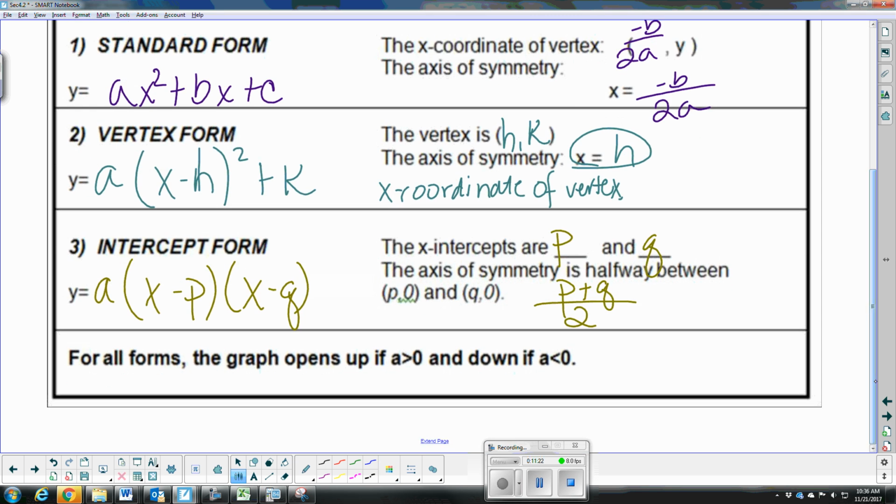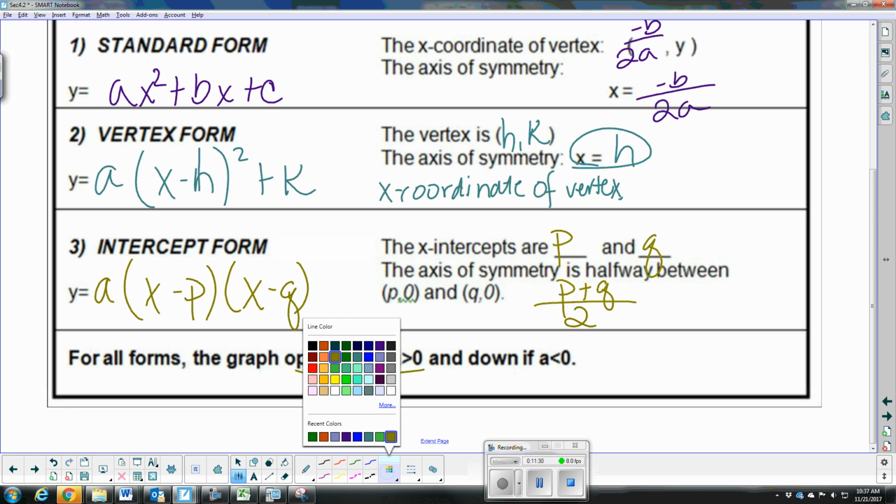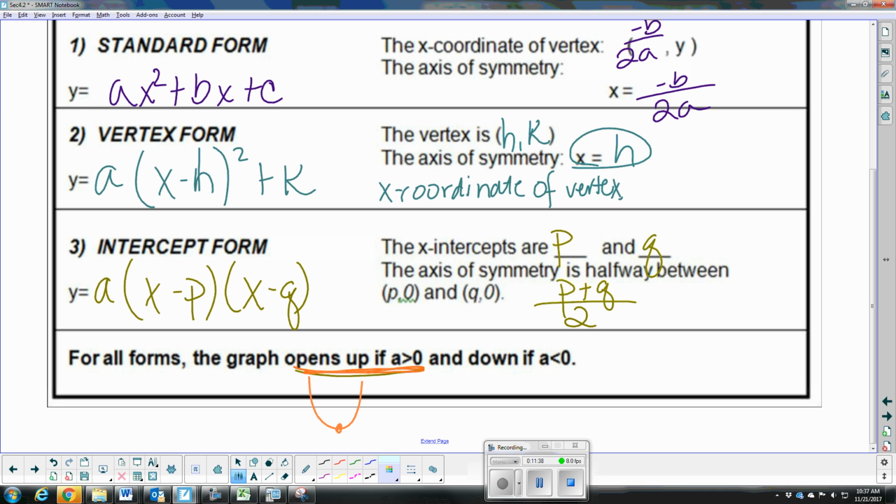So then lastly, all forms of the graph open up if a is greater than 0. So it opens up if a is greater than 0, so it looks like this. So that means you have a minimum.